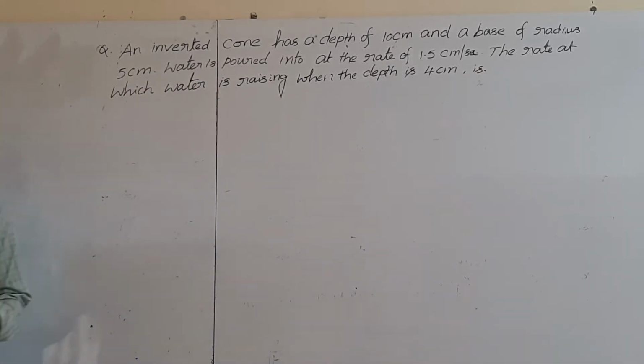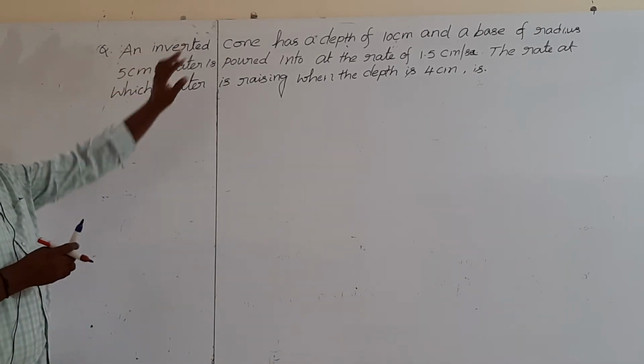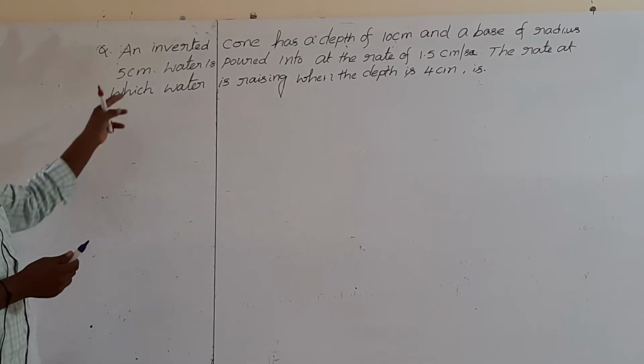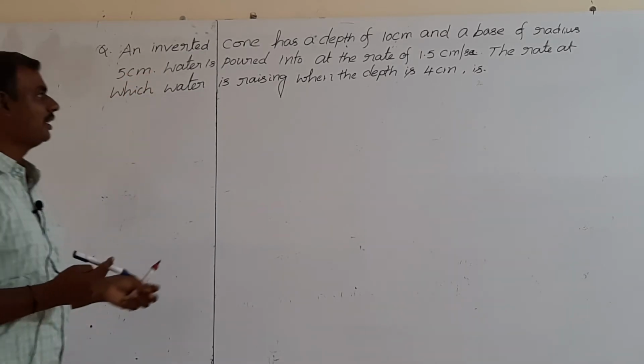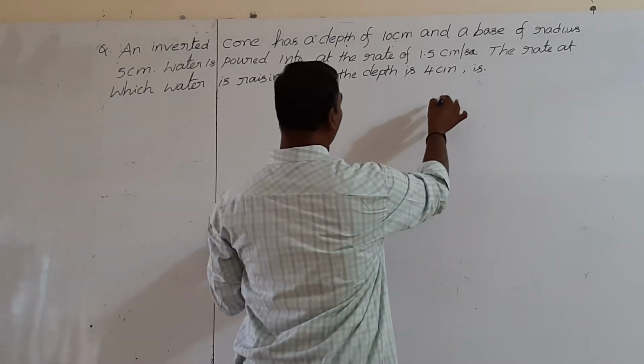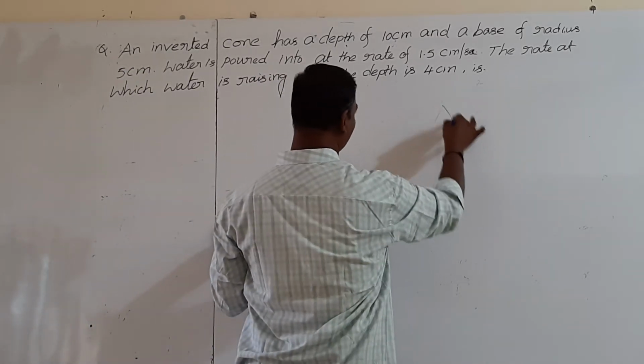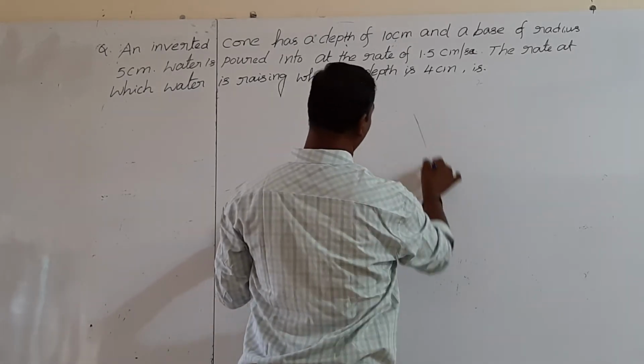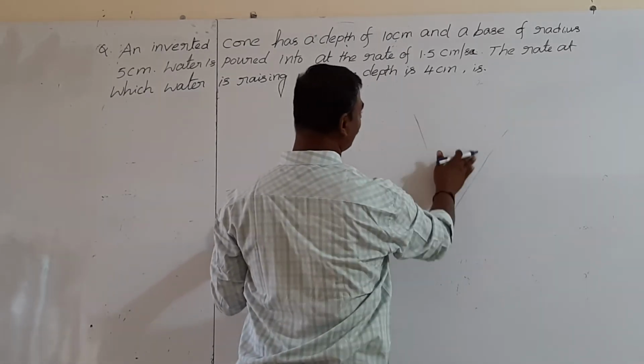So it is a very important question. Read it once again. An inverted cone has a depth of 10 centimeters and a base of radius 5 centimeters. Let us draw the inverted cone, so we can know the shape of the ice cream.